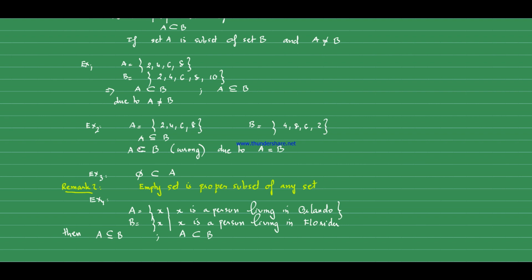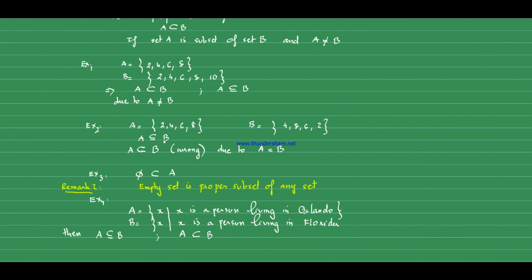We cannot use the proper subset symbol to express the relation between two equal sets. Remember that. That's the only case, the only difference between proper subset and the subset.